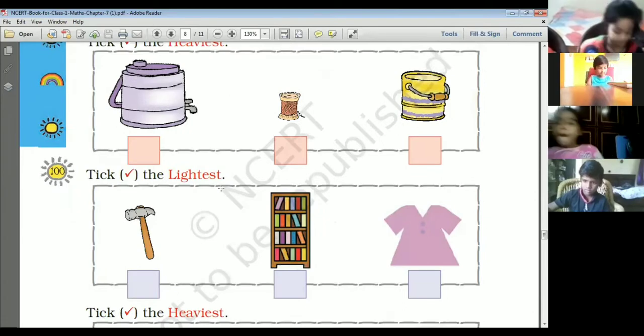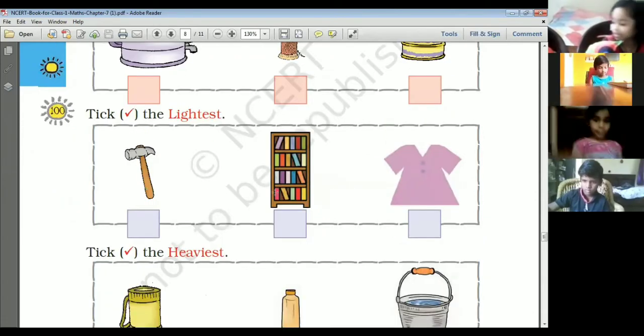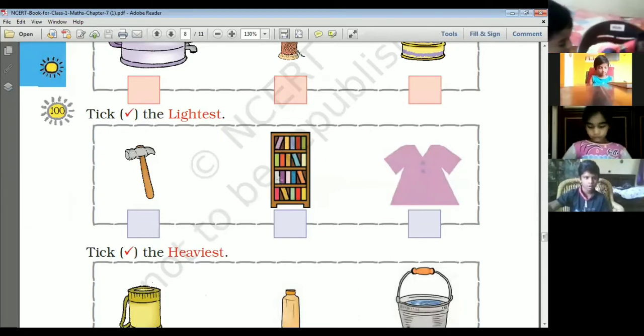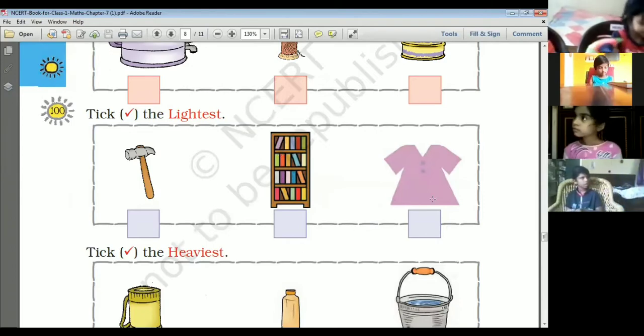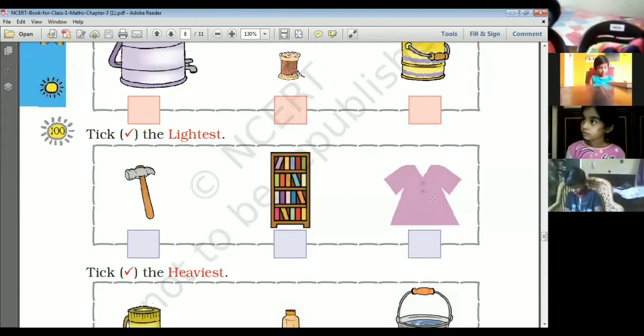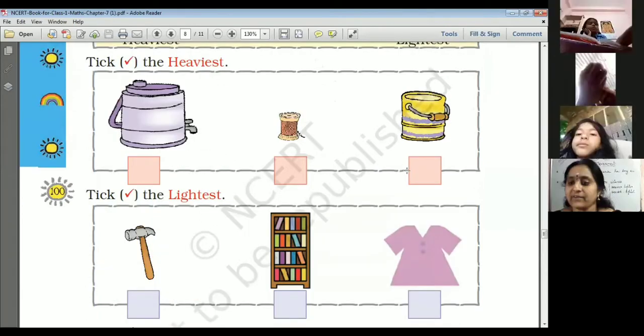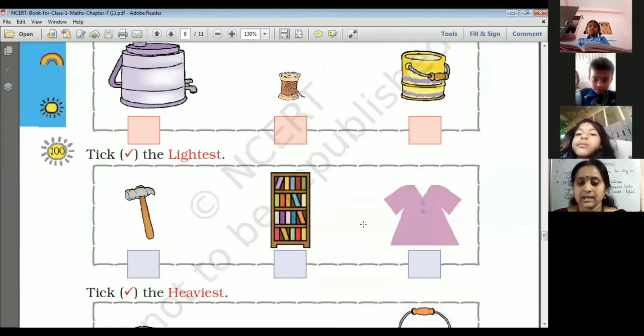Now here you have a hammer, a shelf and a frog. In these three, which one is the lightest one? The frog. Very good. Next.